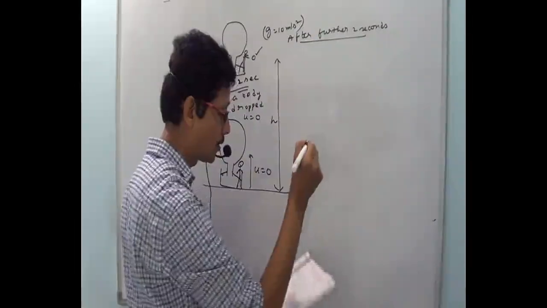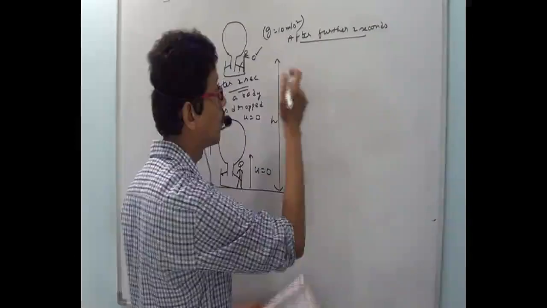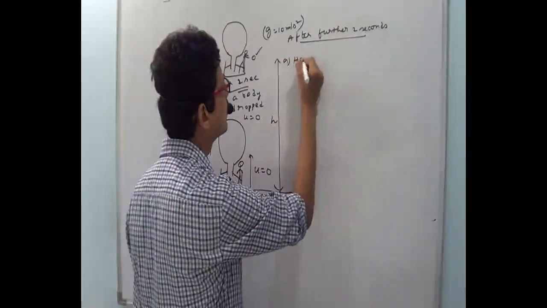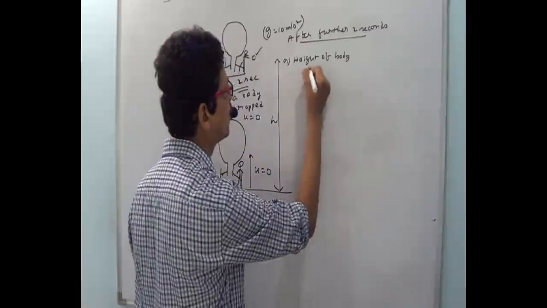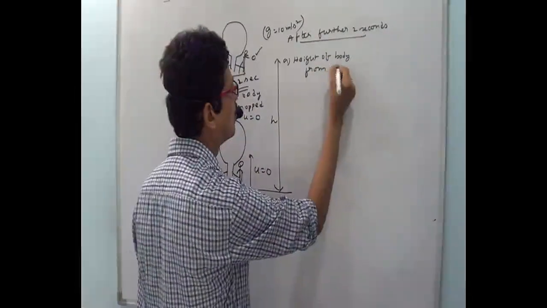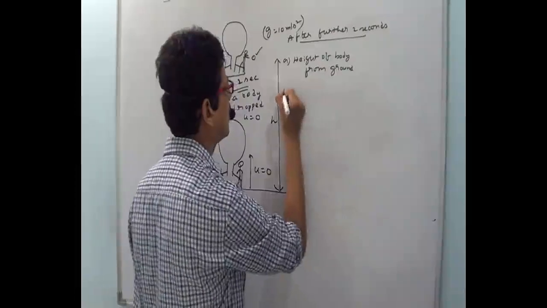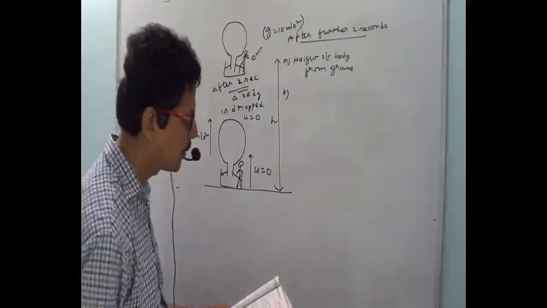Okay, we have the matching here. The first one is height of the body from the ground. The second one is speed of the body.